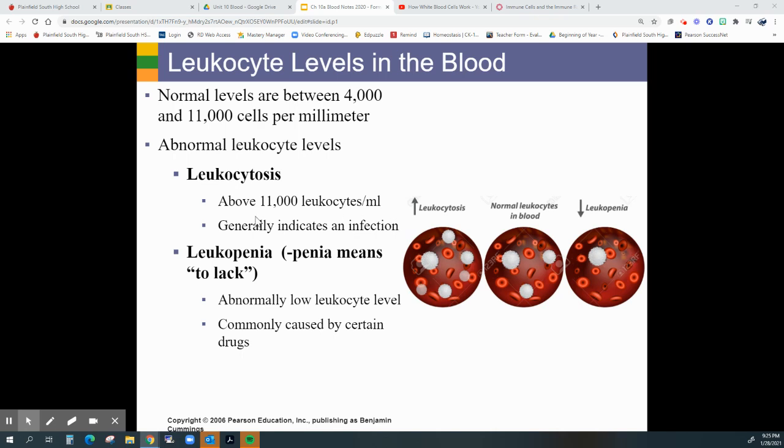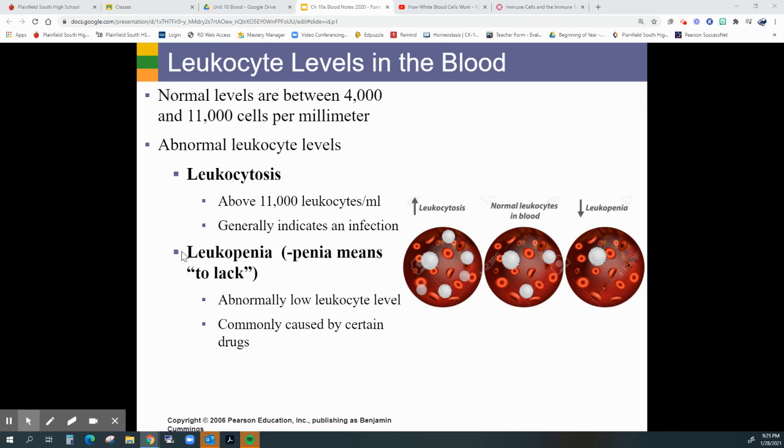Those people that have that type of arthritis, like psoriatic arthritis, is one of the specific ones. And what happens essentially is the immune system is attacking healthy tissue for some reason in those cases. But most often, if a person has a blood level above 11,000, we're looking at an individual who probably has some sort of ongoing infection.